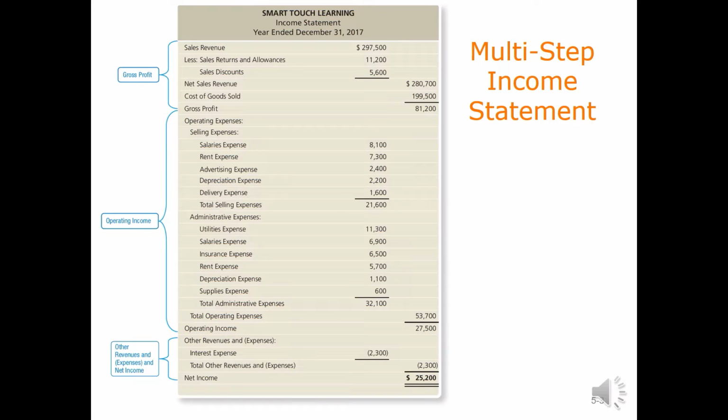It's called the multi-step income statement because rather than just having revenue and expenses to come up with the net income, we have separate steps that we follow to identify different categories of expenses and different categories of profits, such as gross profit. Let's take a closer look at the multi-step income statement.